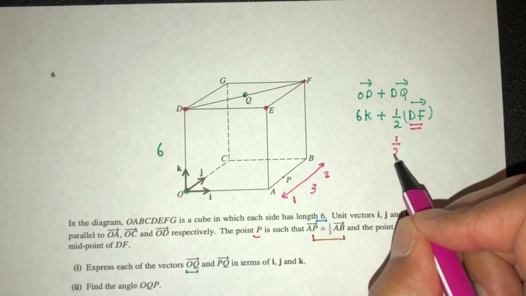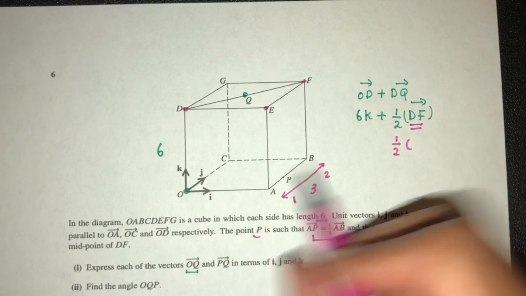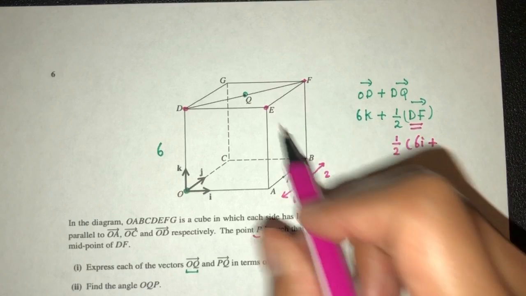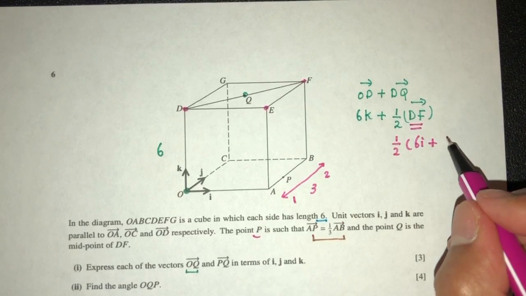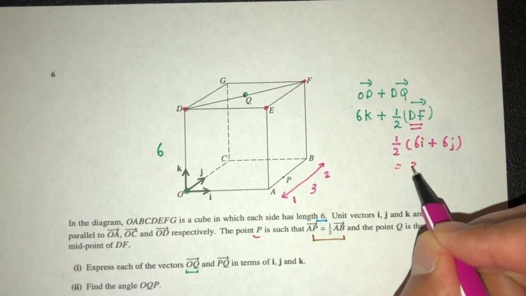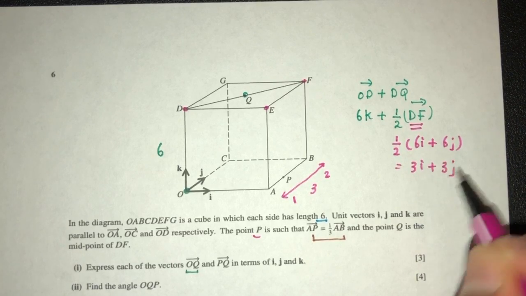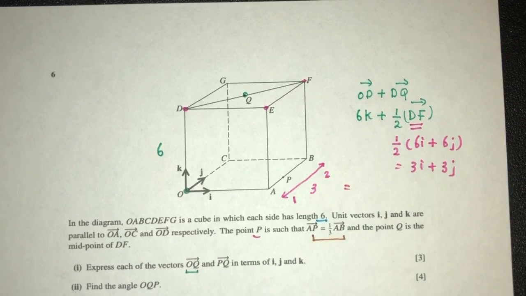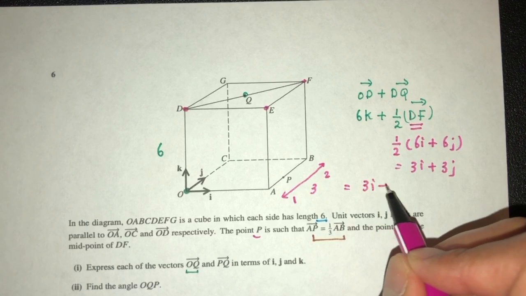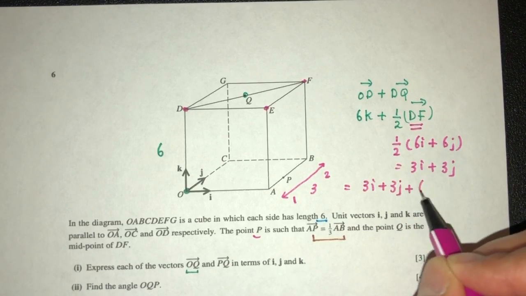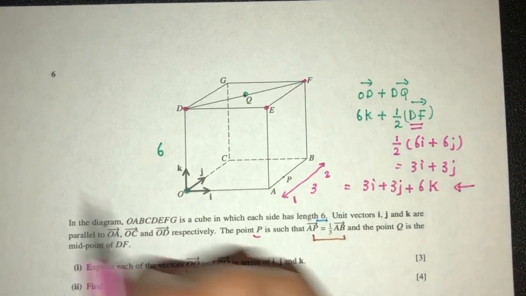So that will be half. D going to E will be in this direction, that will be 6i. And then in this direction will be plus 6j. That will be 3i plus 3j. So finally, OQ will be 3i plus 3j plus 6k. That is OQ.